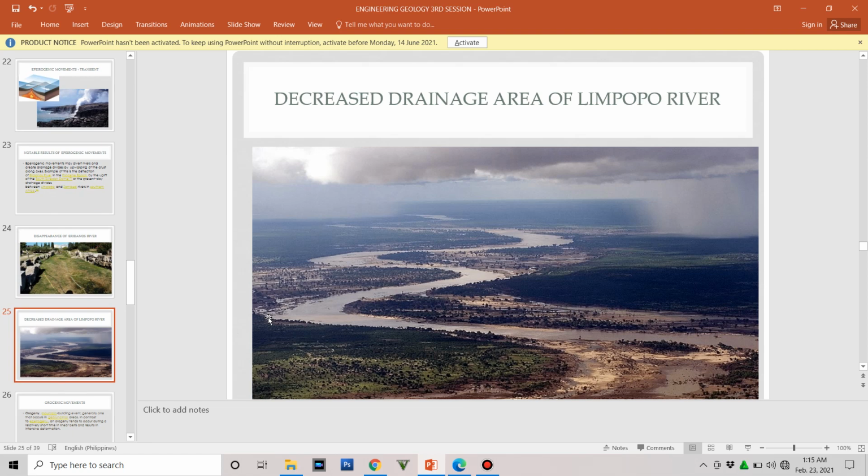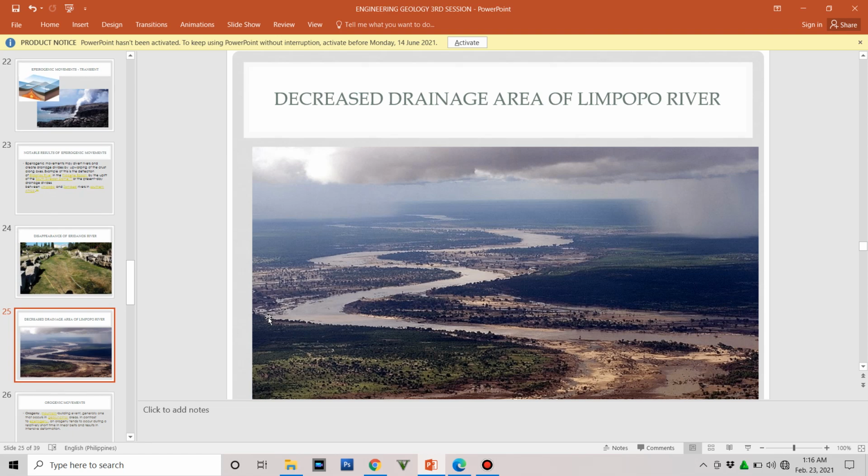So the drainage area of this Limpopo River has decreased over geological time up to late Pleistocene times. So why? The upper course of the Zambezi River drained into Limpopo River.